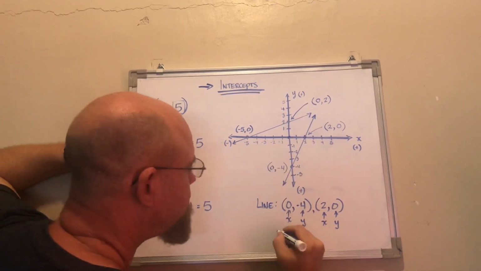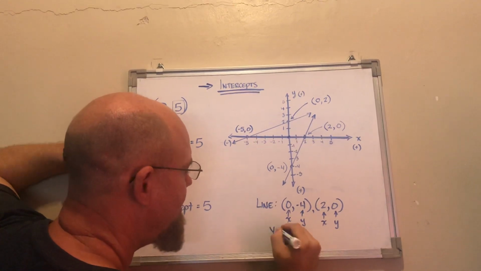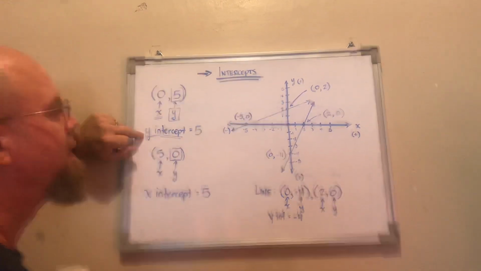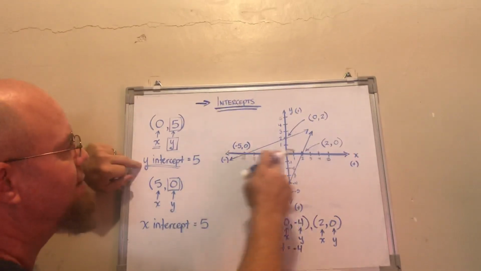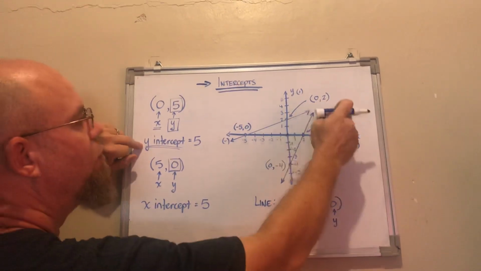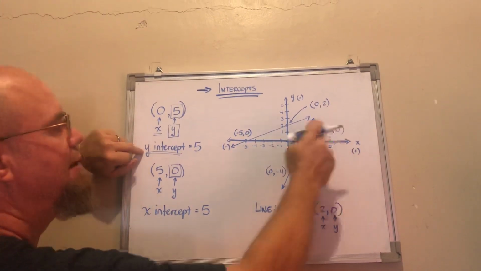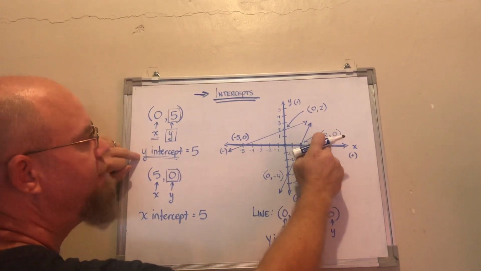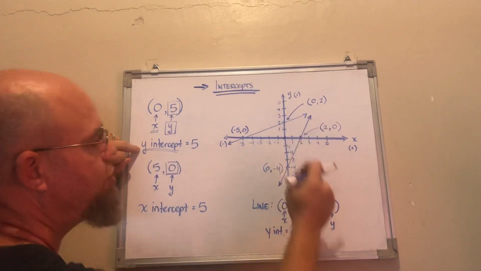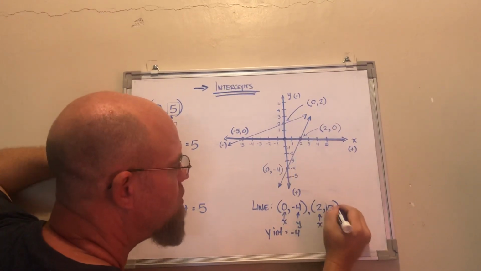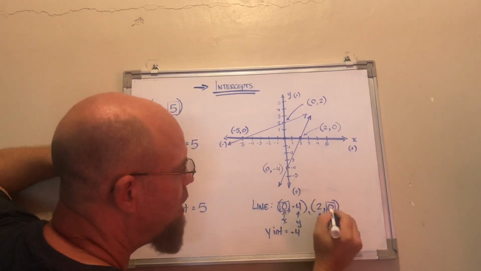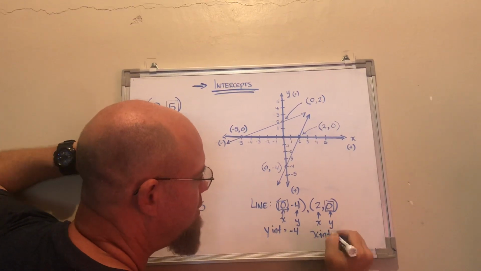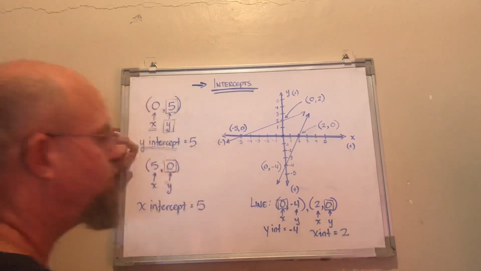So on this line, the y-intercept equals -4. And then you can see where it intercepts the x-axis. Whenever y equals 0, then that is the x-intercept point. That would be the value of x in this point, which is 2. So when y equals 0, the x-intercept equals 2.